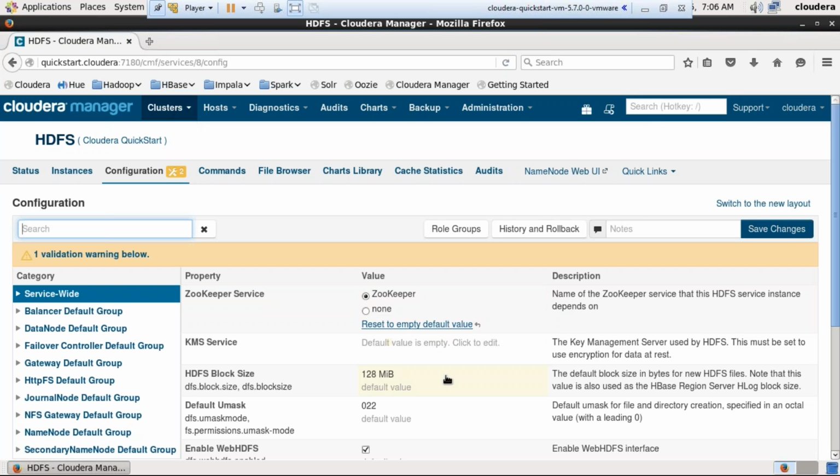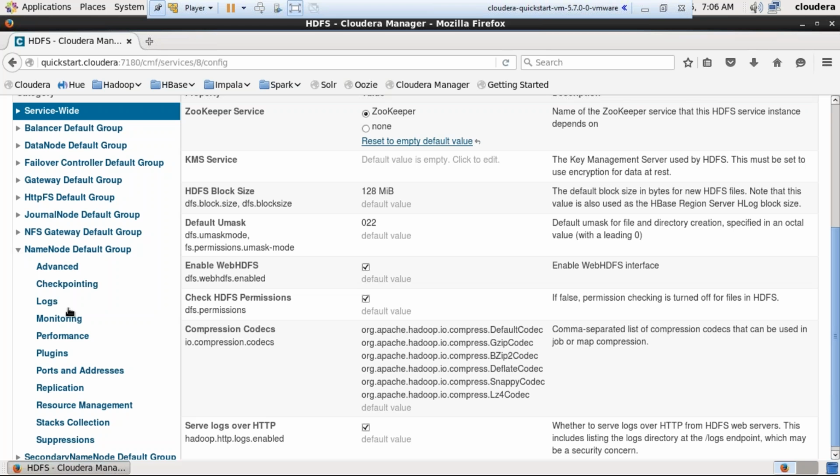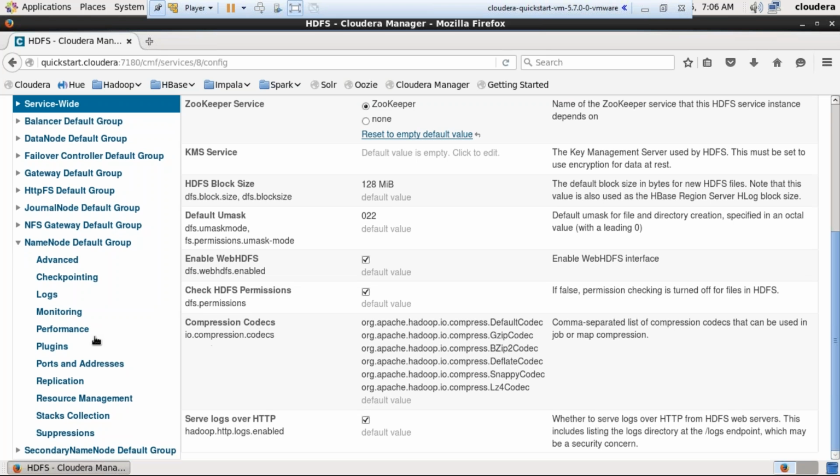So like how you have seen there, data node, failover, general node, name node, ports and addresses, replication, yes.